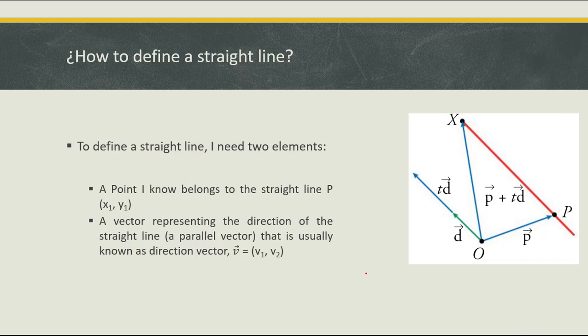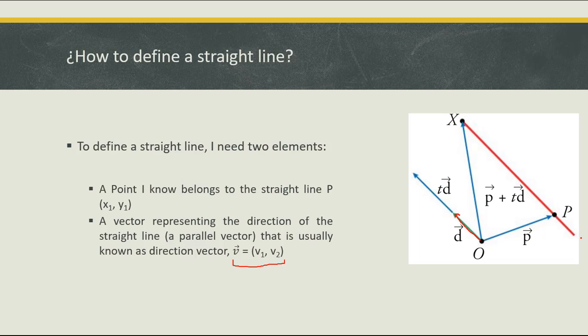Here, for example, we have an example of what a direction vector can look like. This is the direction vector in this drawing, which is parallel to the red line, that is the line we are going to study. But once I give the direction, I have several lines with the same direction.